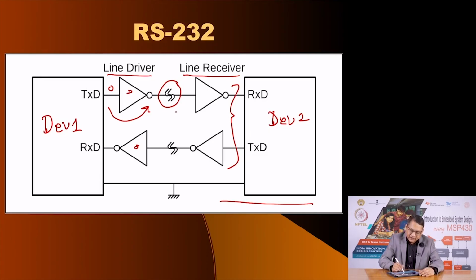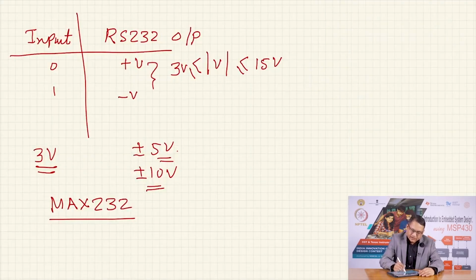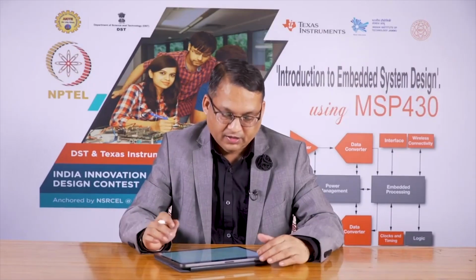What matters is that the voltages on the RS232 signals will conform to these levels, and they may be different, and yet these two line drivers and receivers will convert the RS232 levels into the logic levels corresponding to the actual device on their side.